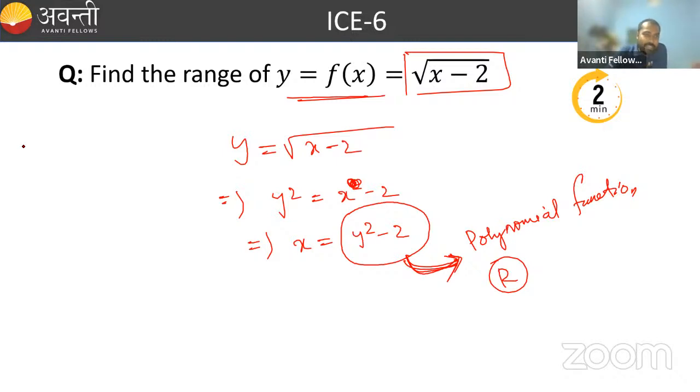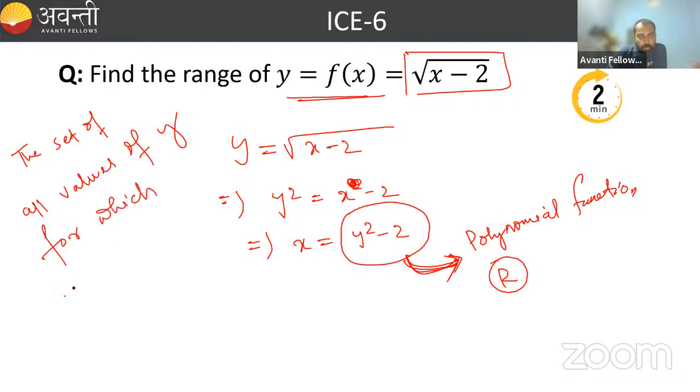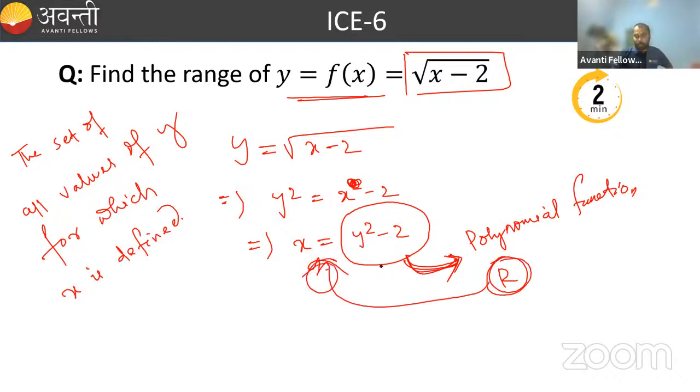So the range set is the set of all values of y for which x is defined. Here the set of all values of y is R, so for all real numbers y, x is defined. So range is R. Clear?